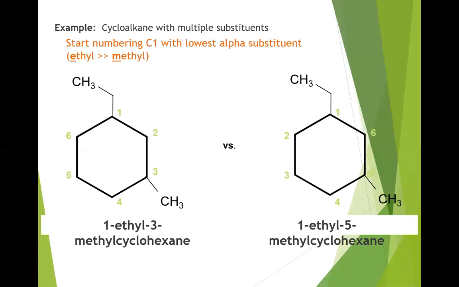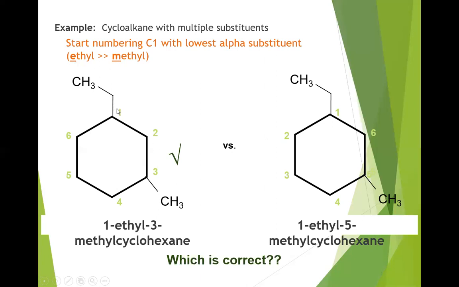If I'm the one, I'm going to pick this. Yes, I would say that 1-ethyl, 3-methyl cyclohexane is correct because more of this branch is closest.